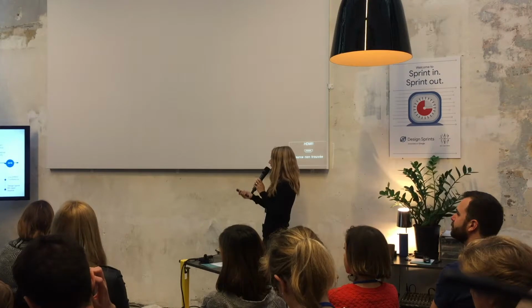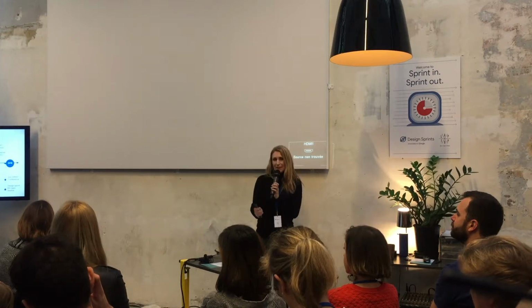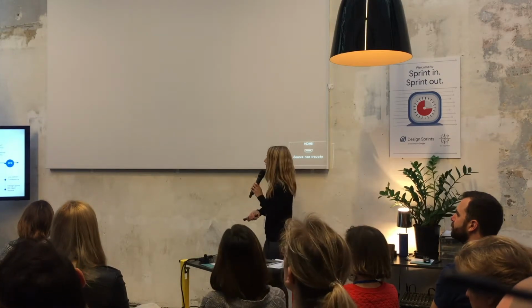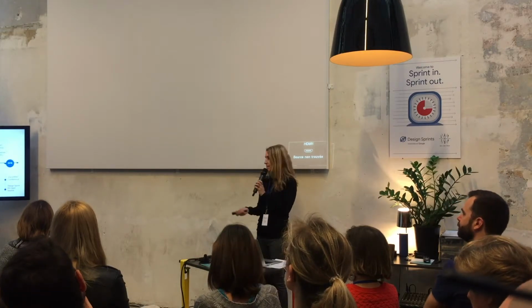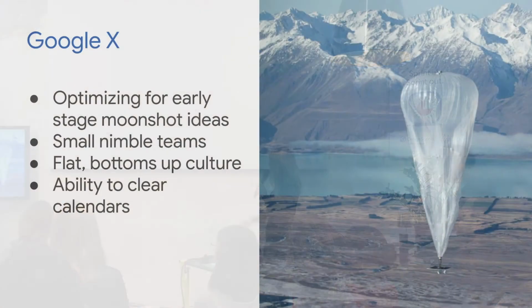So I'm going to go through this timeline a little bit, more or less talking about how things have changed or were adapted in each of these organizations. So Google X, this is where Tom Chi was working. Nadia was also working with this team initially, and they were really optimizing for early stage ideas. They were a small team, only about 5 people.